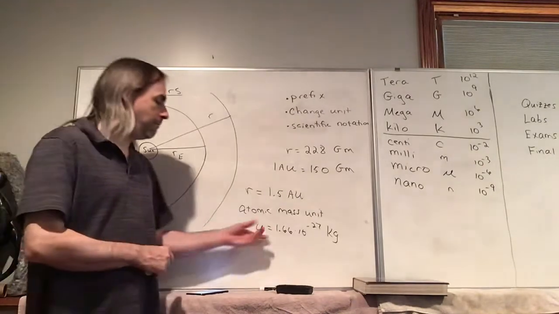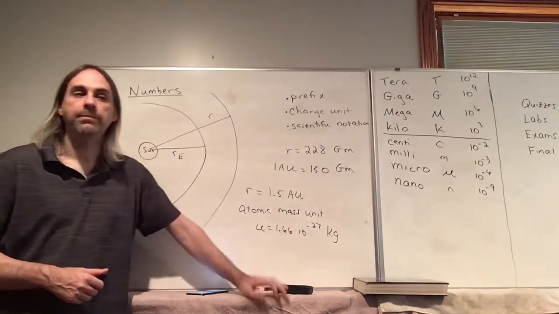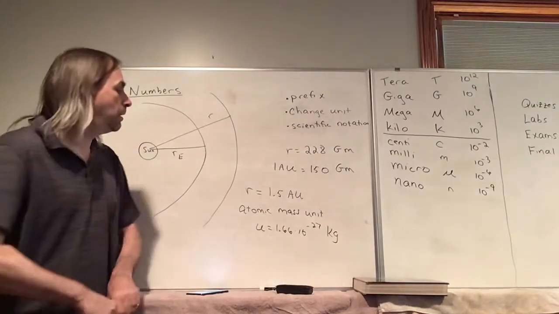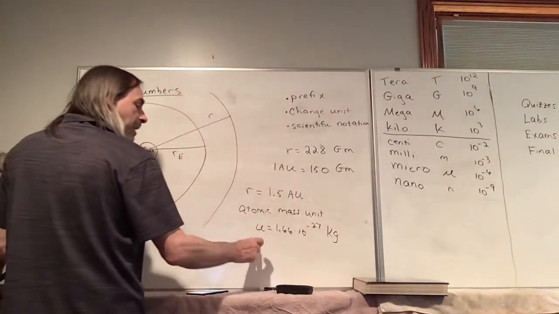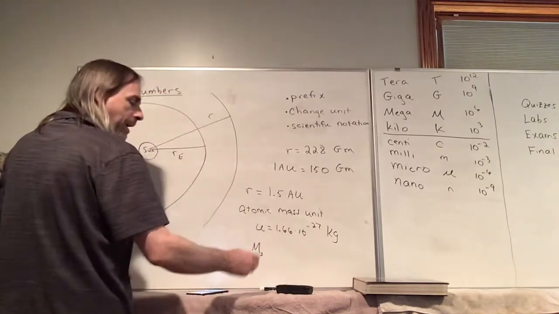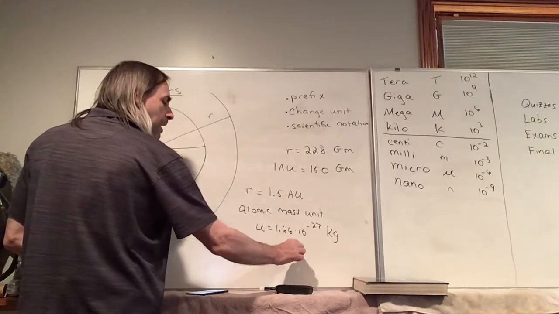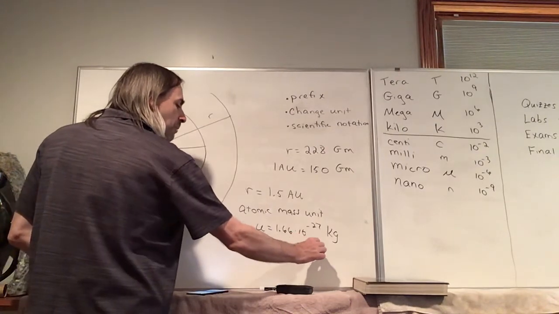So for mass, we have an atomic mass unit. Another important unit of mass would be a solar mass. Let's call it MS, for mass of the sun, that's around 2 times 10 to the 30th power kilograms.